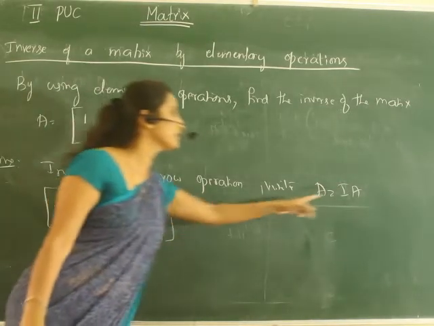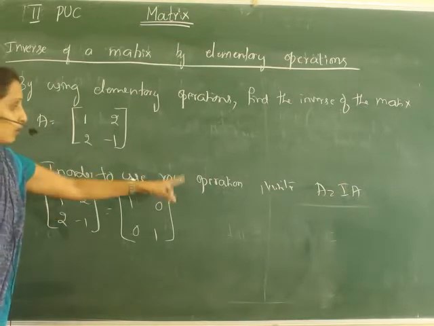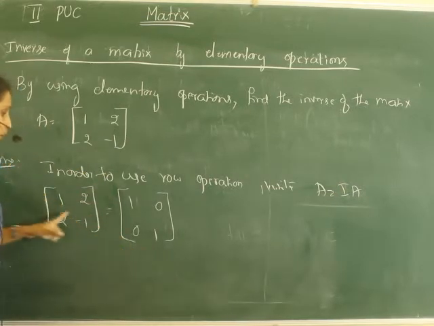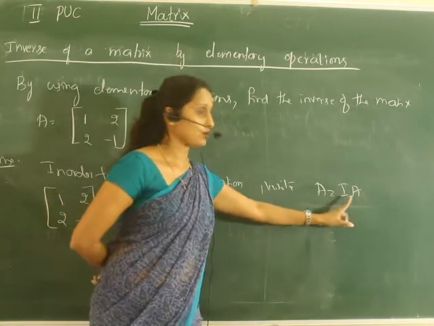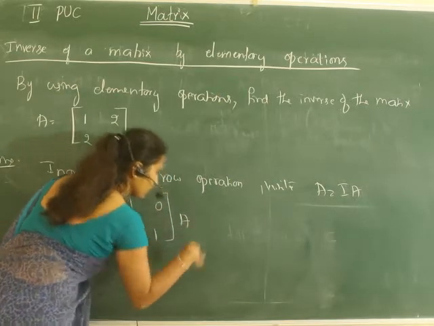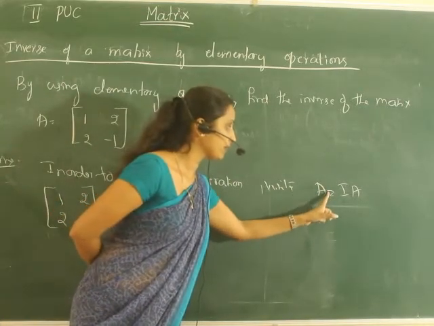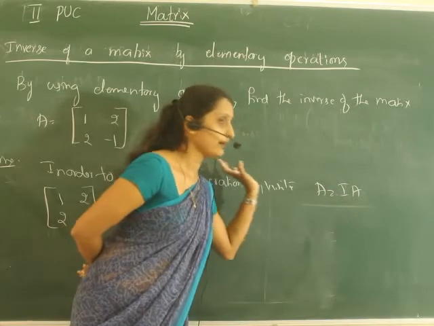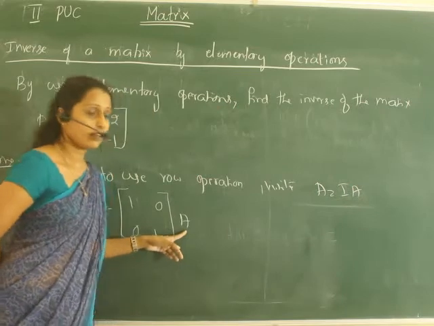No need to rewrite A as given in the problem, because in a row operation we perform the operations only on the matrix A as well as the first matrix I. Therefore we can write that matrix A as it is.